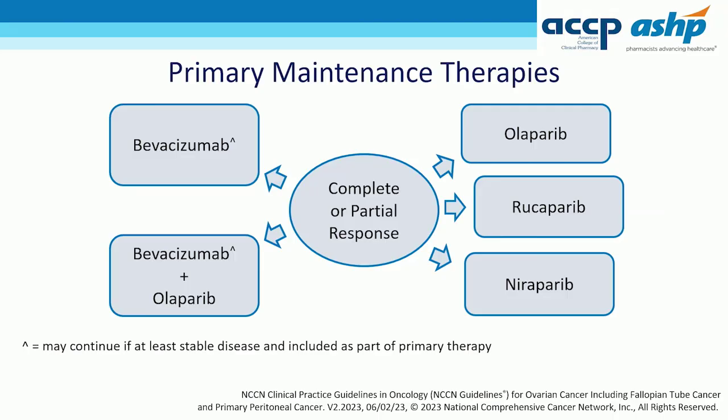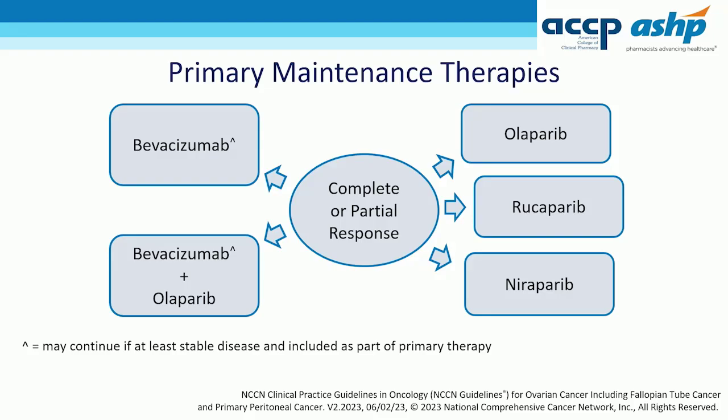And so this brings us to kind of what do our options look like for primary maintenance therapies. So this is somebody who has just completed their upfront chemotherapy with something like carboplatin and paclitaxel. They've already had their surgery, and now they're continuing on to a maintenance therapy. So if they had bevacizumab as part of their upfront treatment, they can continue bevacizumab as a maintenance option.